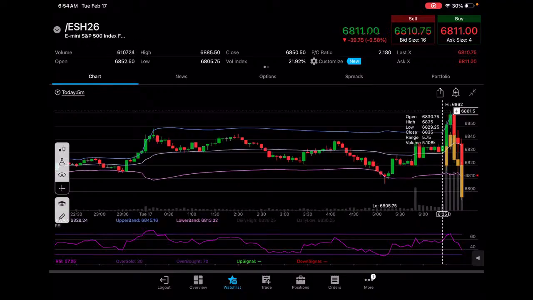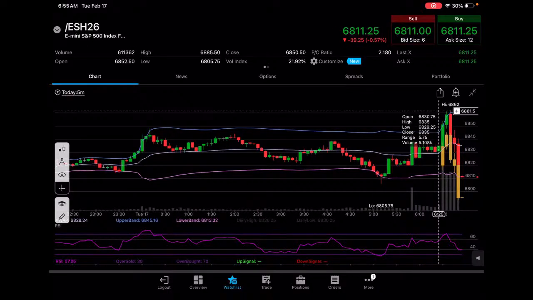The confirmation would be the close of a red candle below the VWAP line, not touching it. Okay, so here comes the next 5-minute candle. If it's red, it confirms that the VWAP line has been rejected.